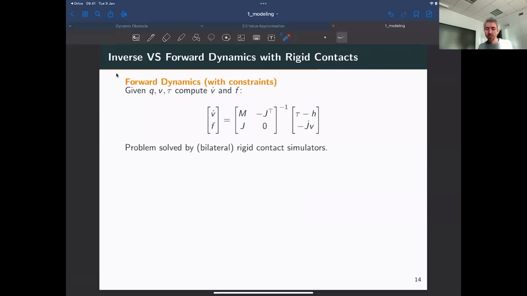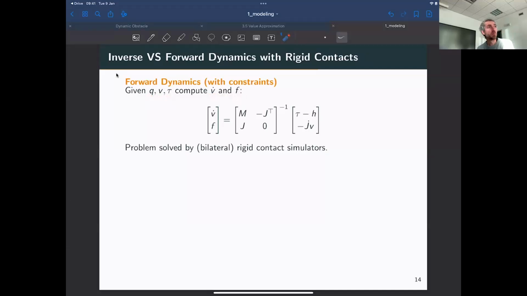Okay, so now we can try to solve the same two problems we discussed before, the forward dynamics and inverse dynamics problem, but in the case where we also have contact forces and rigid contacts. So the forward dynamics problem, remember, given q, v, and tau, we want to compute v dot, and actually this time we add to v dot also the contact forces, because those are unknown.